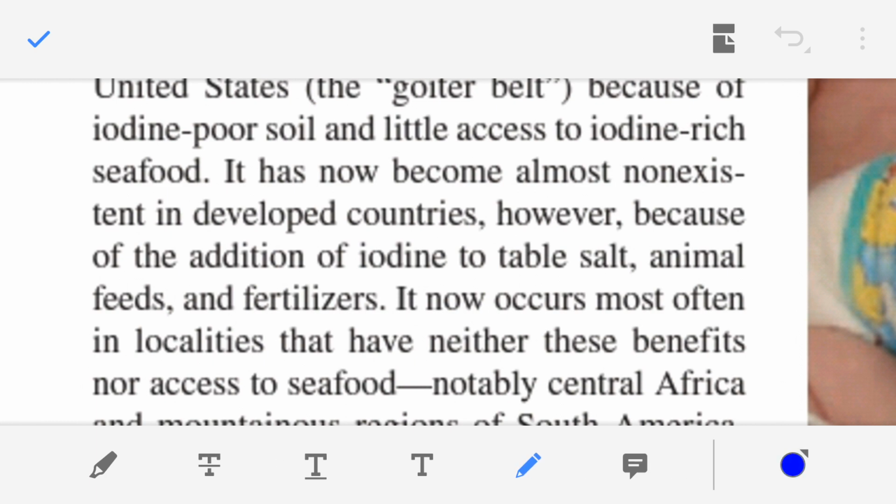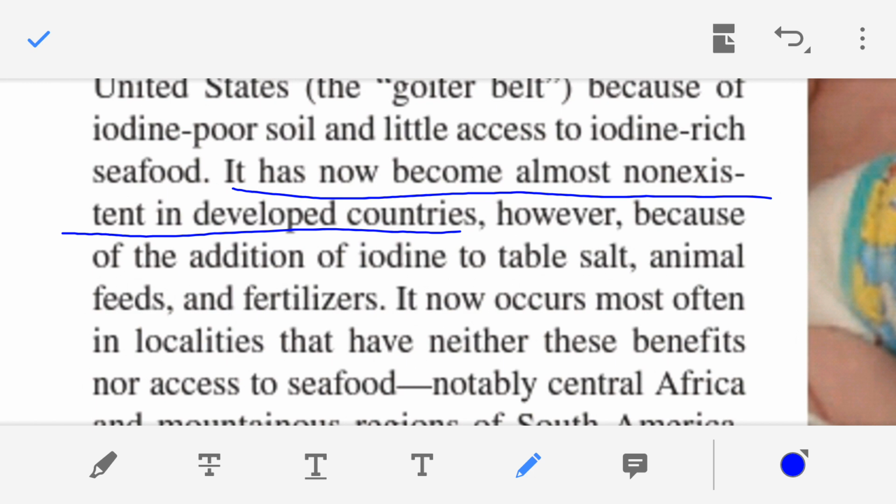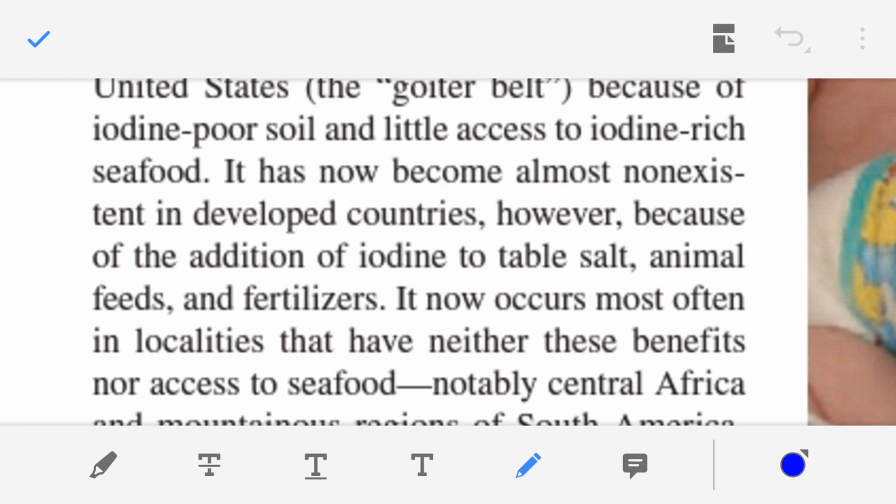Now it has become almost non-existent in developed countries. Nowadays only a few cases of goiter are observed in developed countries, because they have started to add additional iodine to the table salt.